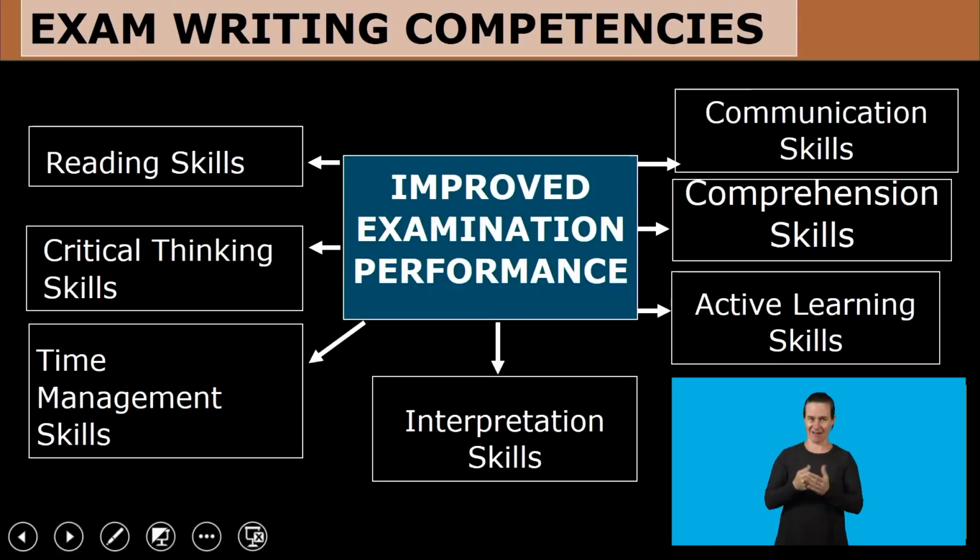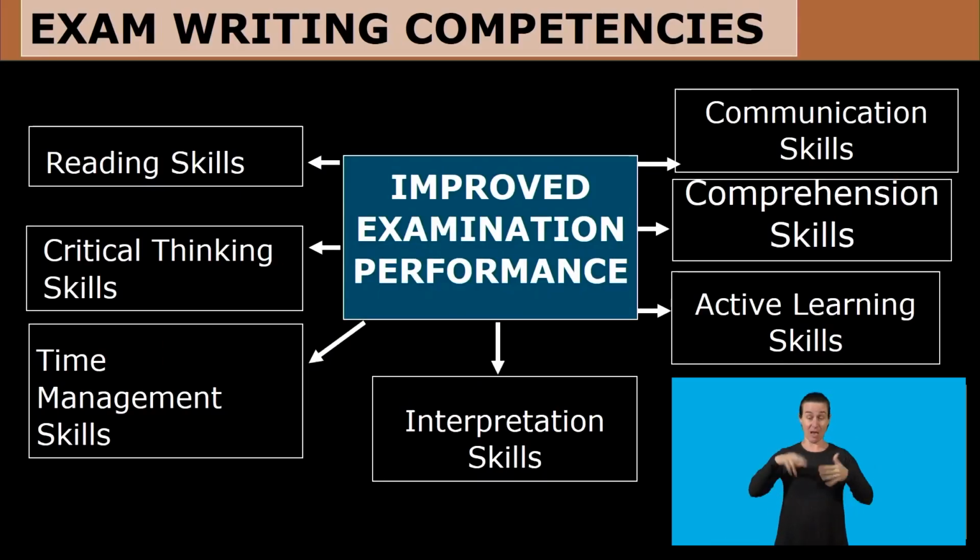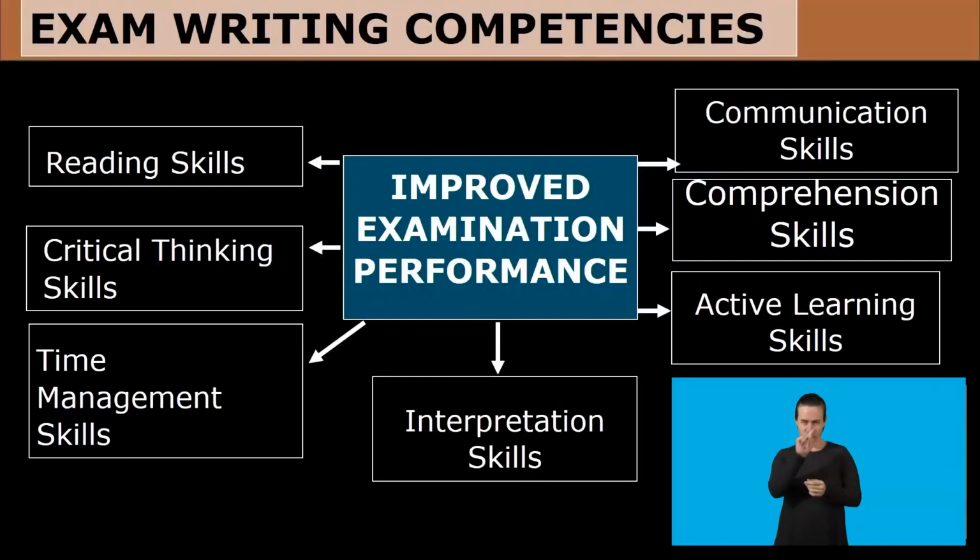In terms of exam writing competences, because this is not just about history but also about answering exam questions and how to be successful, you have to know how to read questions, portray critical thinking skills, manage your time properly, and then the other things that I'm going to tell you as we go on with our lesson.